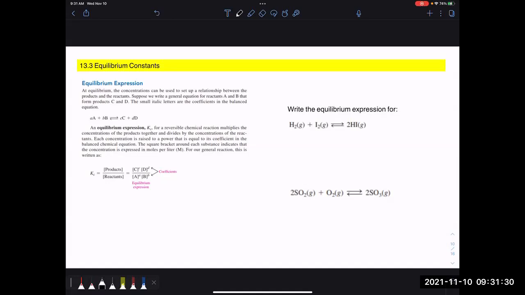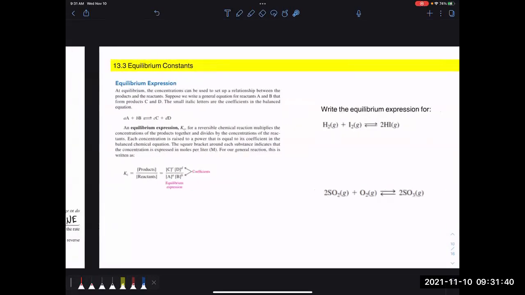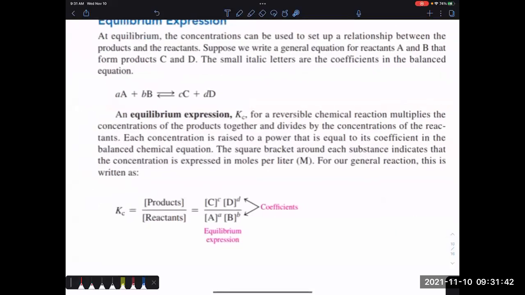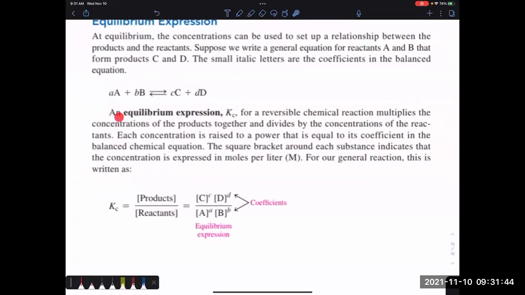So suppose we write this general equation for reactants A and B, which form products C and D. An equilibrium expression we use, Kc, for a reversible chemical reaction, multiplies the concentration of the products together and divides by the concentration of the reactants.